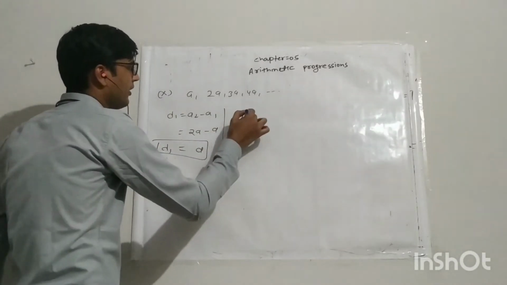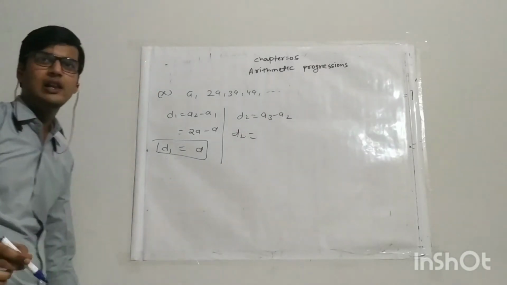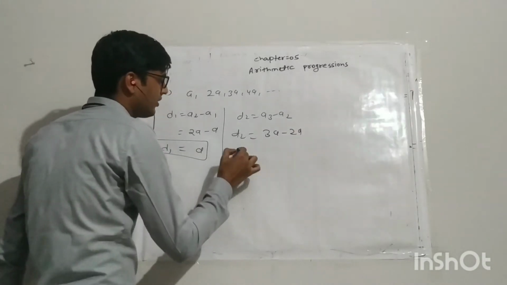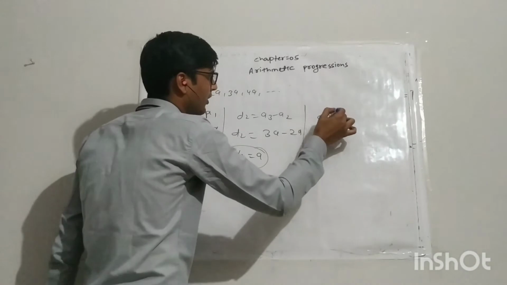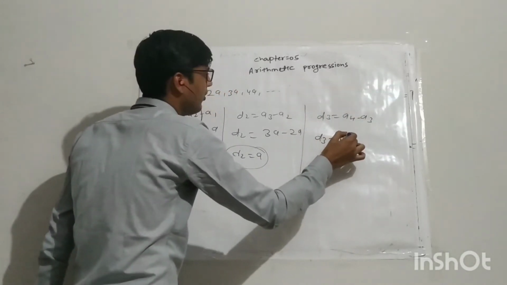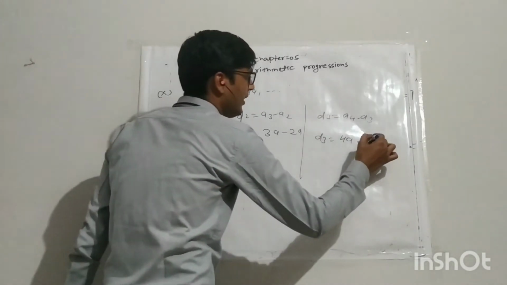Now D2 is what? A3 minus A2. The value of A3 is 3A and the value of A2 is 2A. So it again becomes A. Now we find D3. D3 is A4 minus A3, where A4 is 4A and A3 is 3A.